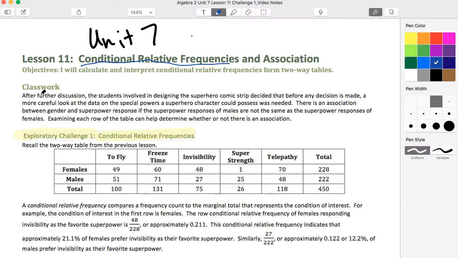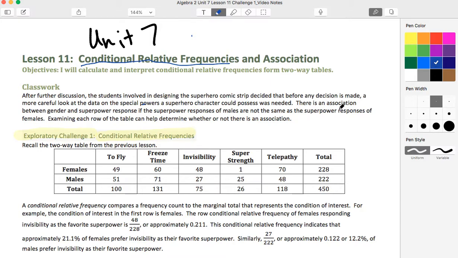We are still talking about the data collected about males and females. After further discussion, the students involved in designing the superhero comic strip decided that before any decision is made, a more careful look at the data on special powers a superhero character could possess was needed.